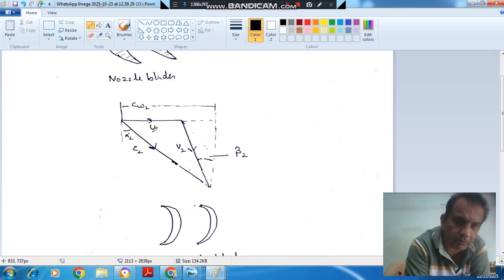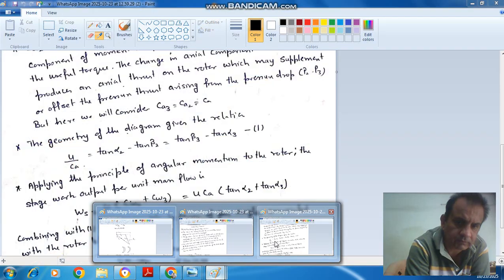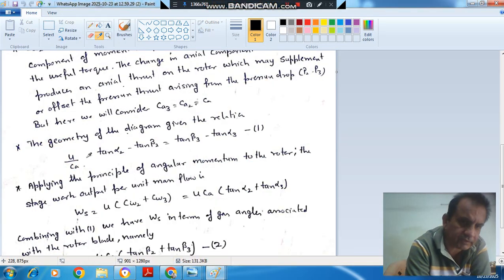So, from the inlet velocity diagram, we have CW2 by CA2 is your tangent alpha 2. Okay. And from this triangle we have (U minus CW2) by CA is equal to tangent beta 2, or we can have U by CA is equal to tangent alpha 2 minus tangent beta 2.